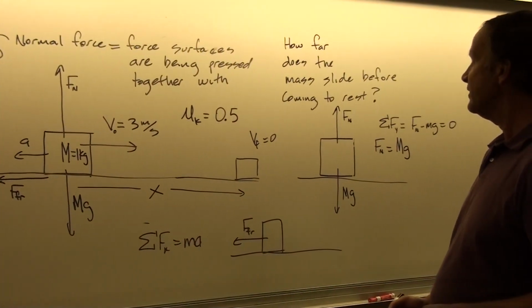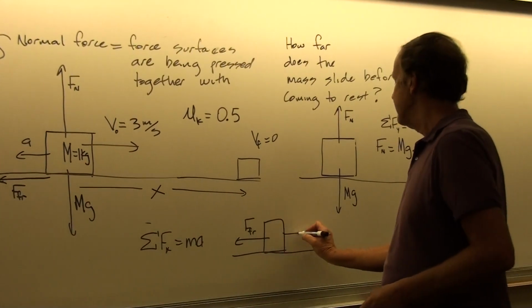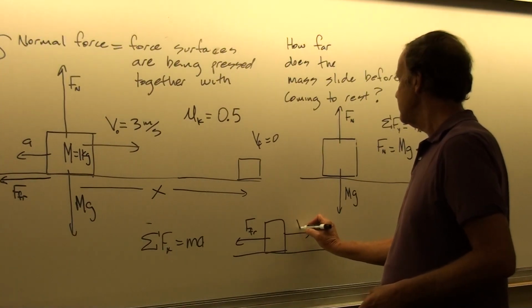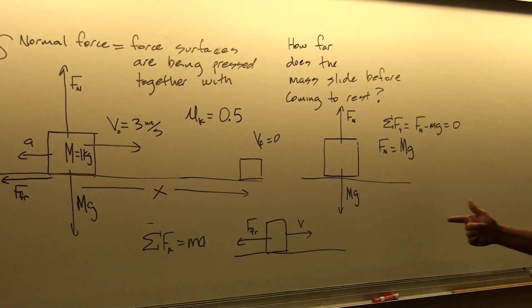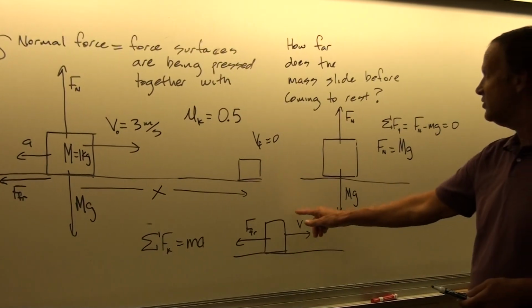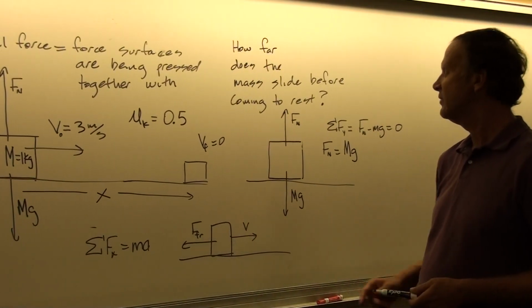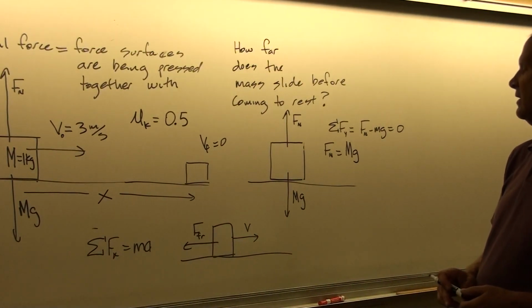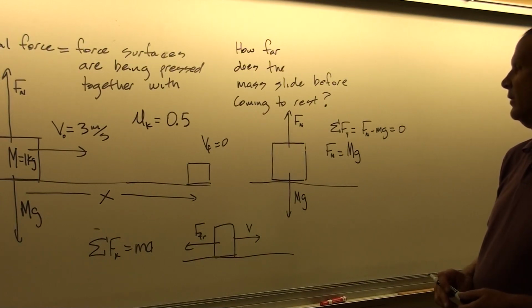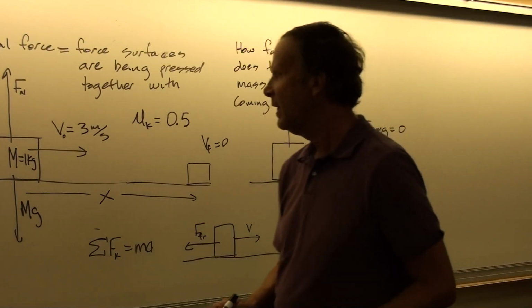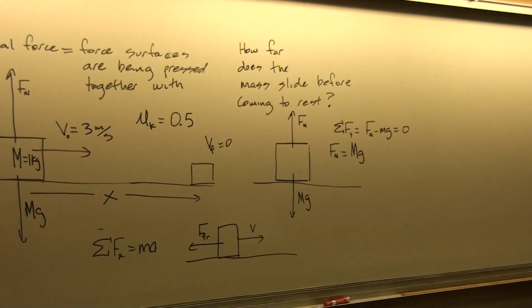And there's only one x force. That's negative. It's moving this way. So you do need to know that it's moving this way to know that the direction of the friction force is in the opposite direction. But that's all that you need this for. You don't need to know the value of the velocity to get the correct free body diagram.